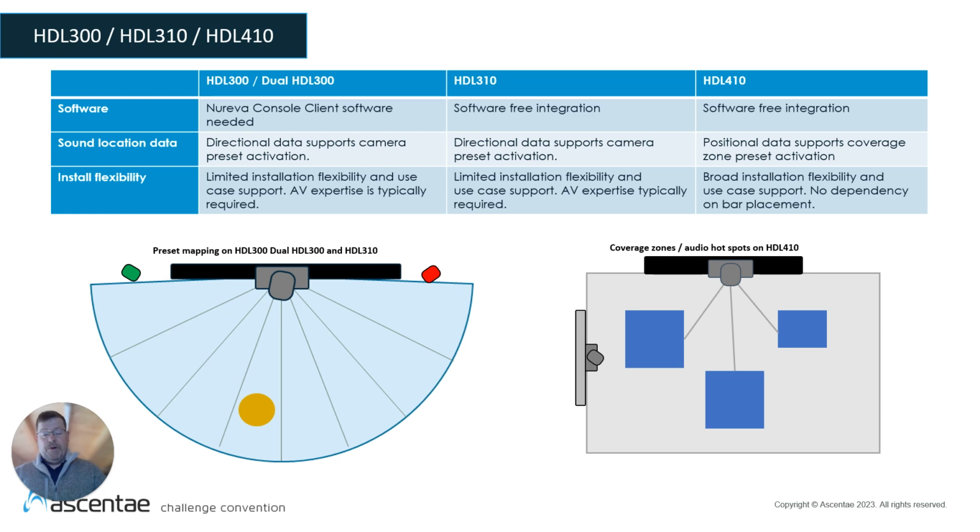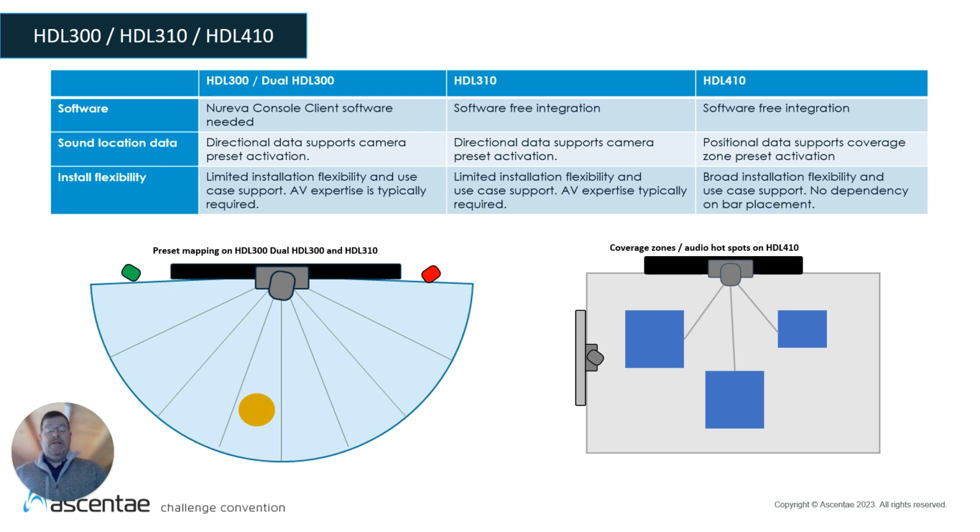Now, an important point here, for users who are doing this with a HDL 300 dual system, the same is true. The camera takes the sound location data based on the center point of the primary soundbar. This is the bar that's connected into port 1 on the Nureva Connect module. As far as sound location data is concerned, it is ignoring the second Nureva soundbar.